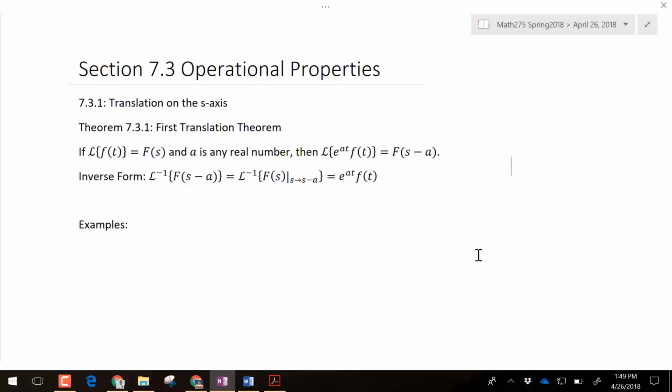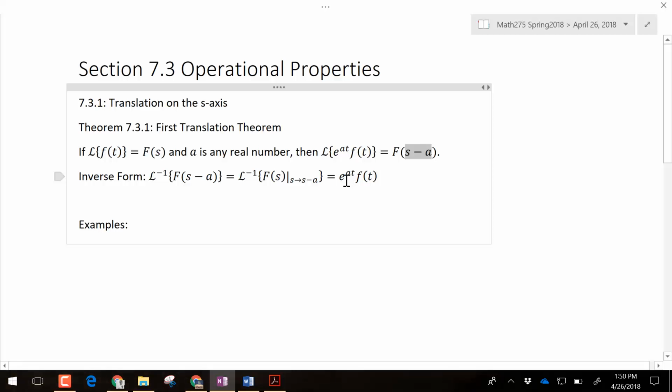So this translation tells us that if for some reason I'm not getting the answer that I want, but it looks like it would be an answer after a shift, then I can use this particular theorem to say that if I want to go back to the real world, I can just multiply it by e to the at, by the shift.